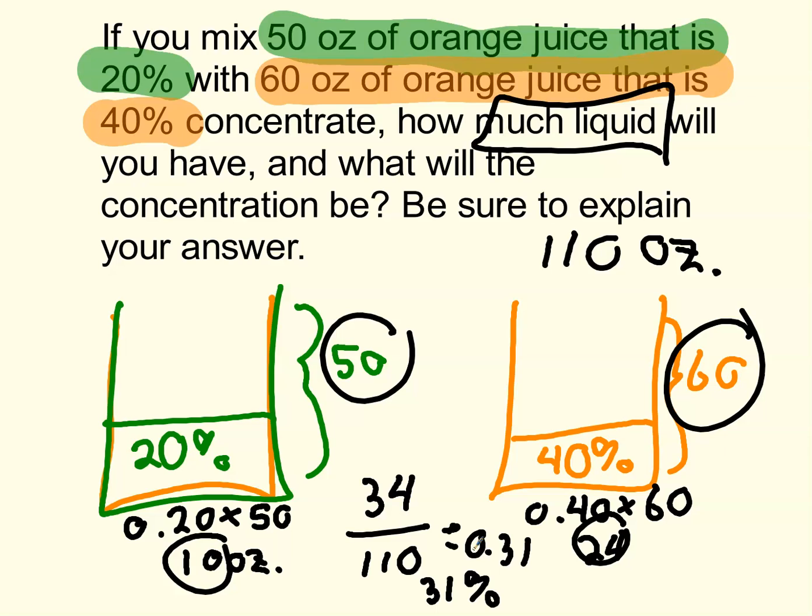So how do I explain my answer? It might be easiest to say, tell you what, 50 plus 60 is 110 ounces.